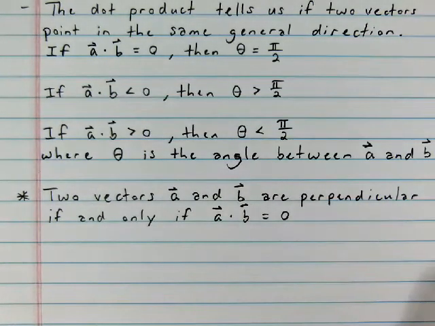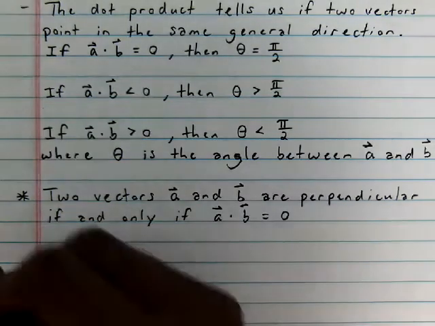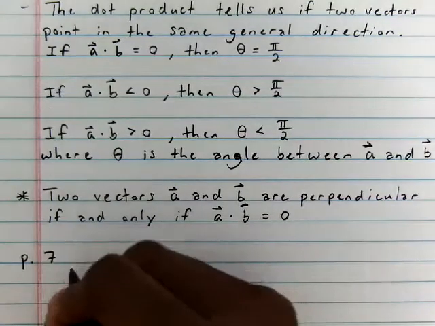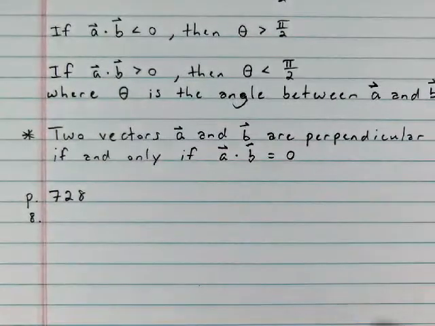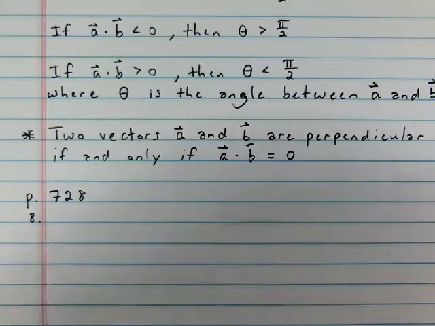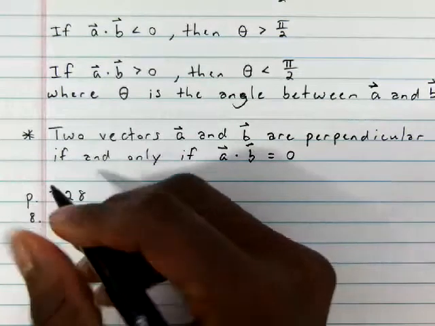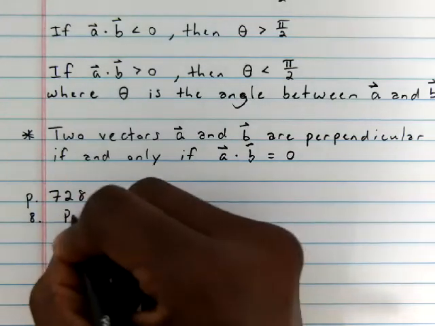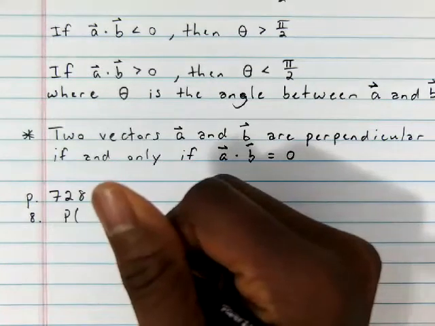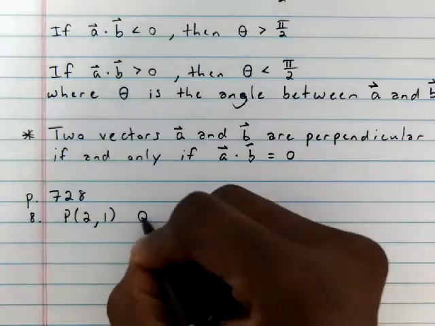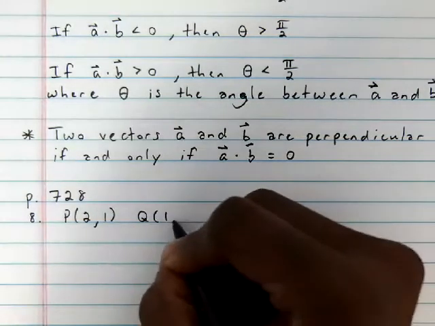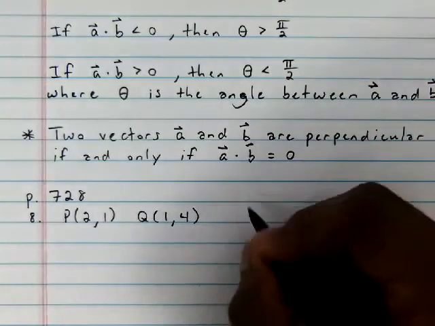All right, so let's look at an example from our textbook. We're on page 728, number 8, which says in exercises 8 and 9, determine whether the vectors PQ and PR are perpendicular. They give us some points. They don't even give us the actual vectors, so we have to find the vectors ourselves. The point P is (2, 1). The point Q is (1, 4). And the point R is (-3, 2).